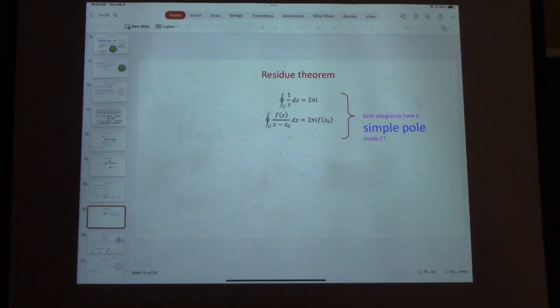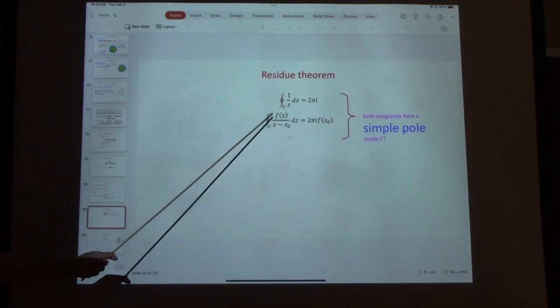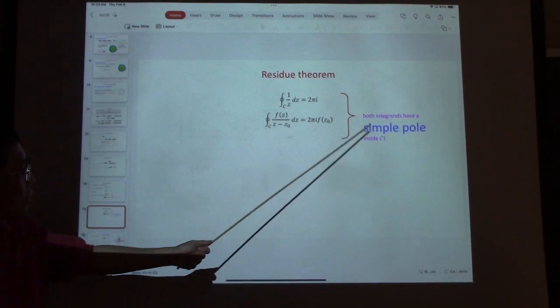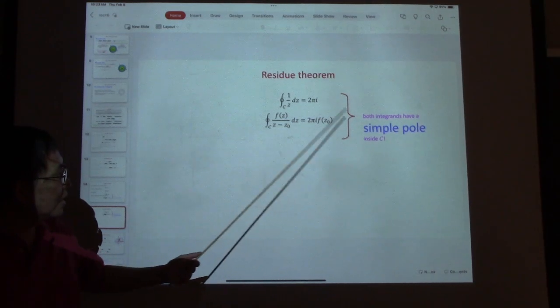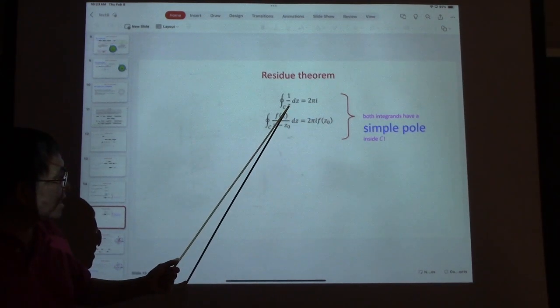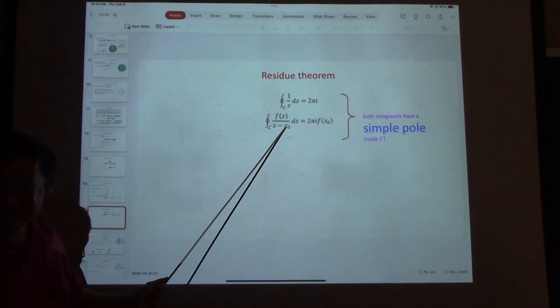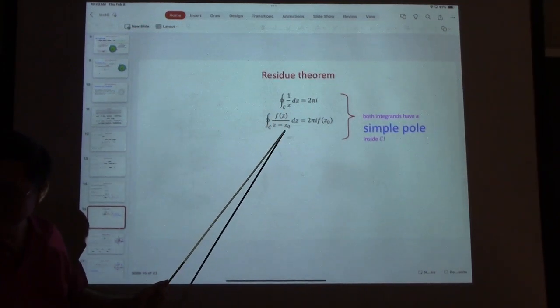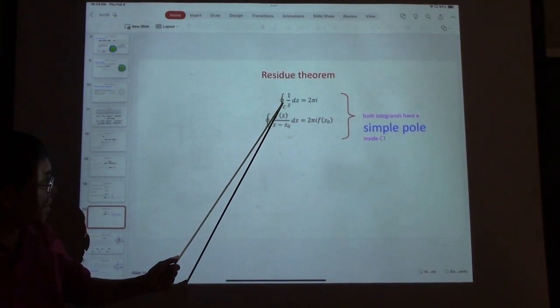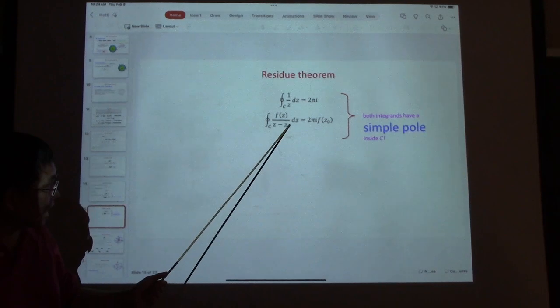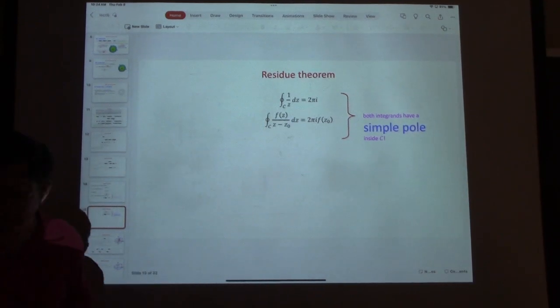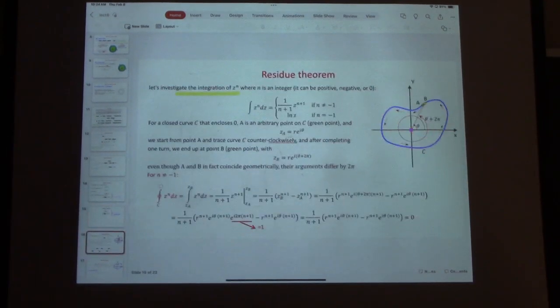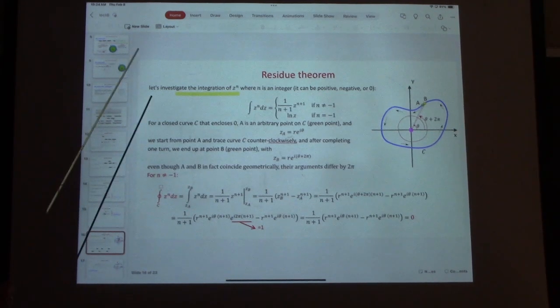To do that, let me rewrite these again. Both integrands have a simple pole inside C. This simple pole is at 0, at the origin. This is a simple pole at z0, and we get this. It turns out, if you have other poles, even higher order, you will get something.